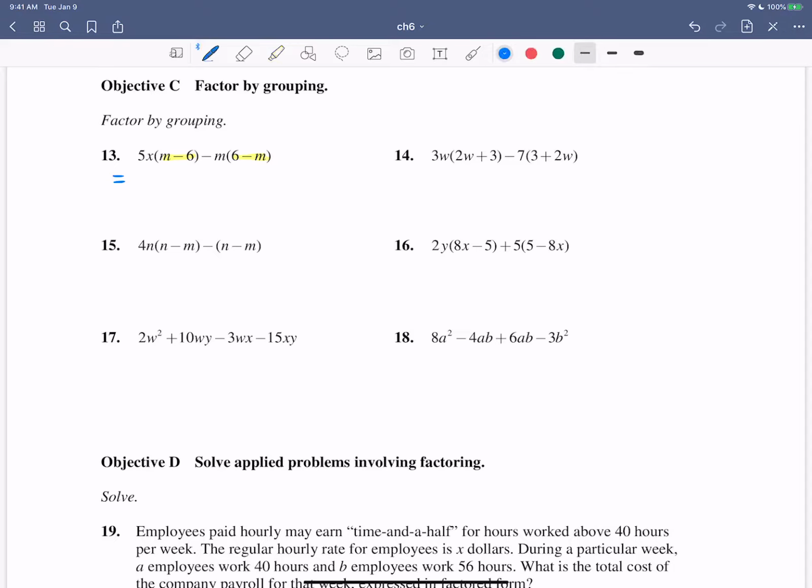So these 2 things, what do we call them? We call expressions like this opposite factors. It's like, positive 2 and negative 2, they're opposite factors. M minus 6 and 6 minus m, they're also opposite factors. If they're opposite factors, then you could take out negative 1 and make those 2 factors exactly the same.